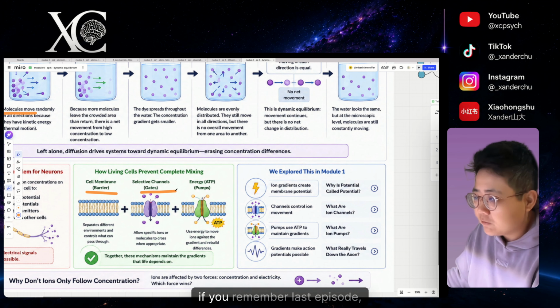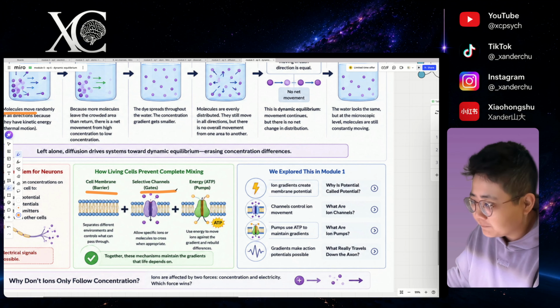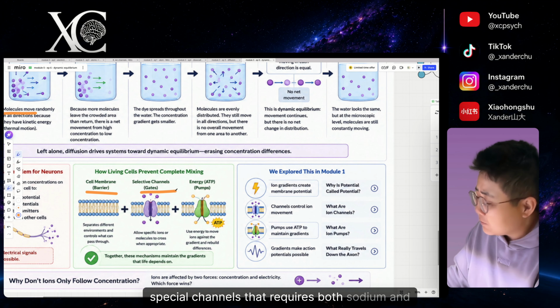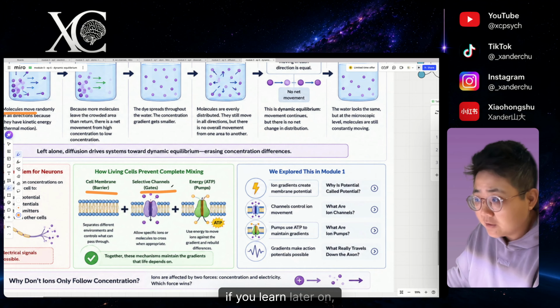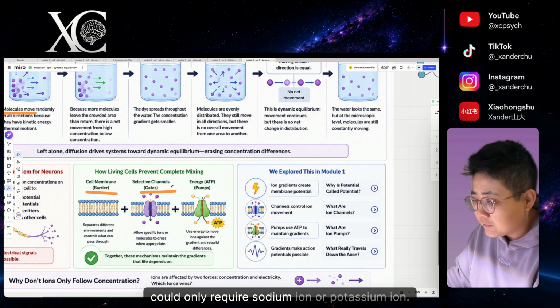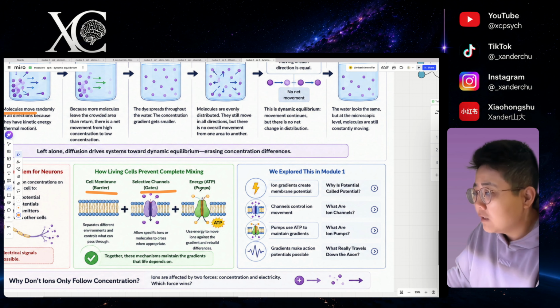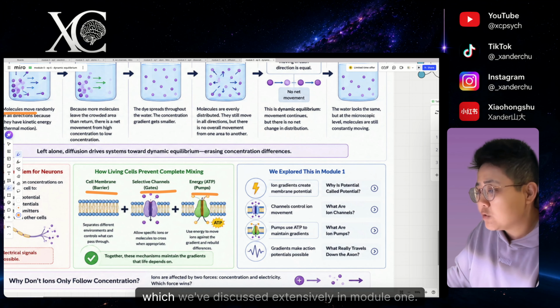Like, if you remember, last episode we talked about special channels that require both sodium and amino acid, and some channels, as you will learn later on, could only require sodium ion or potassium ion. We also have ATP channels, which we've discussed extensively in Module 1.